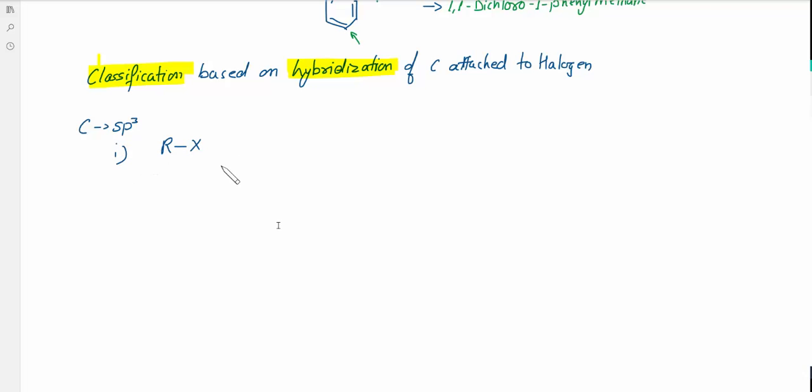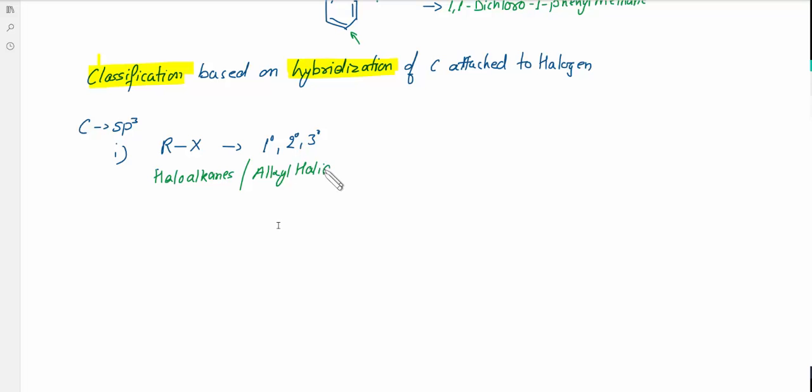First is this, and this again can have 3 possibilities: 1 degree, 2 degree and 3 degree. Now this category is simple. Such compounds are called haloalkanes, or they are also called alkyl halides.